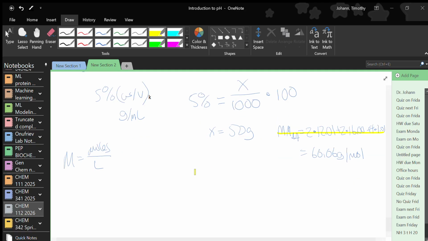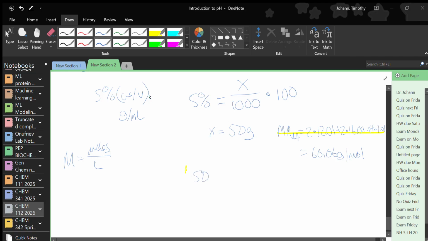All right, so now that tells me that if I want to calculate moles of 50 grams of acetic acid, 60.06 grams of acetic acid is equal to 1 mole of acetic acid. These cancel, right? And if I put that in my calculator, I'm going to get 0.8325 moles acetic acid, okay?